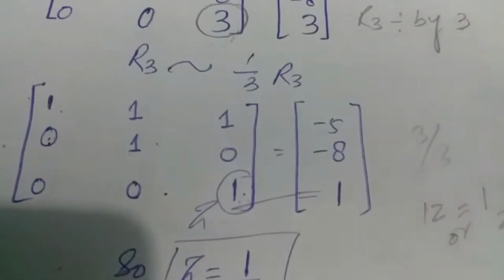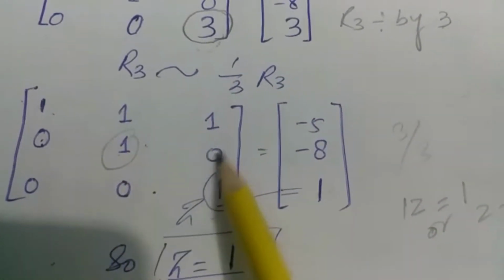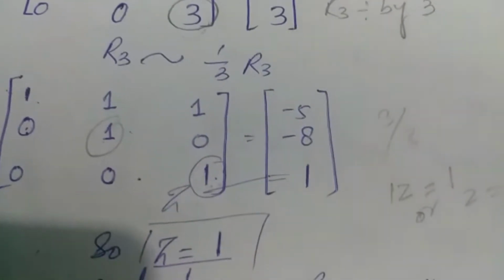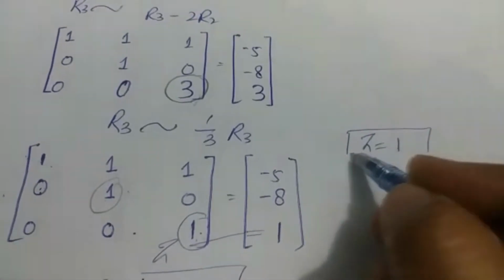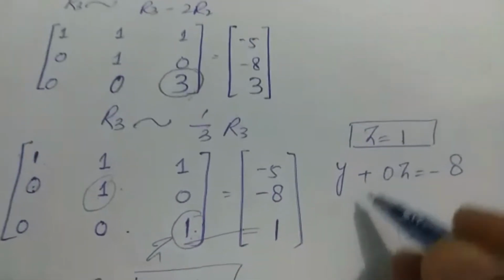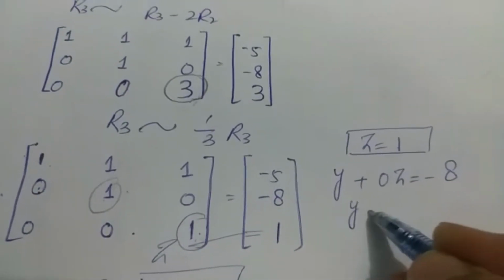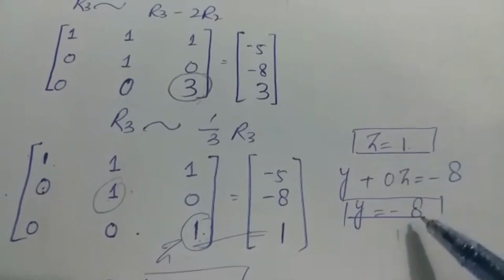Now focus on this equation. y plus 0z equals minus 8. Students, from this matrix z equals 1, and y plus 0z equals minus 8, which means y equals minus 8. We got the value of z and y.